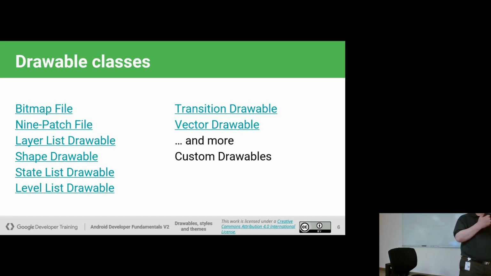We can use a basic bitmap file, and that's anything that is a PNG, JPEG, GIF, any file like that that we directly stick into the drawable folder. That's how it's going to be rendered as a bitmap drawable. Okay, which just means it takes the data and shows it.